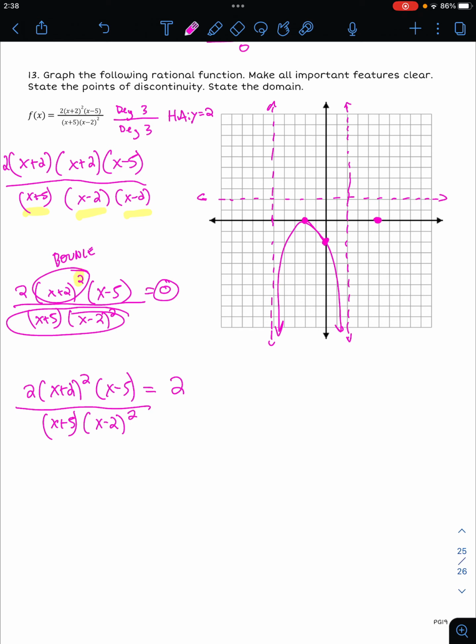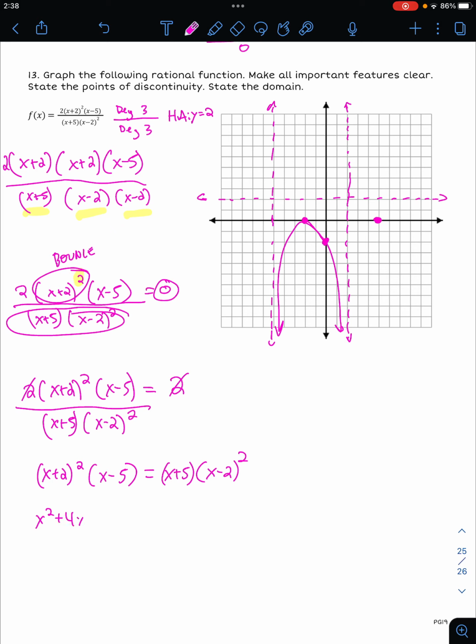Multiply both sides by my denominator, and I'm going to just divide everything by 2, cancel that. So I'm going to get (x + 2) squared times (x - 5) equals (x + 5) times (x - 2) squared. Remember when I told you need to be able to square a binomial because it just comes in handy a lot? Guess what? Let's square our binomials.